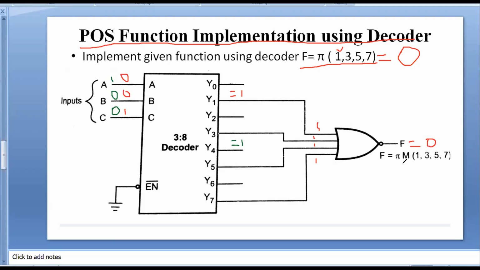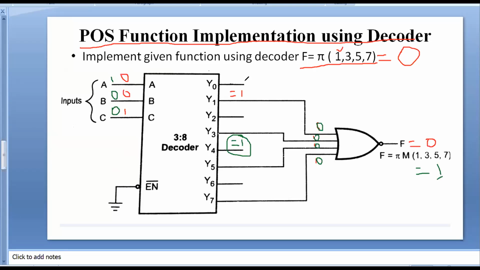In a decoder, at a time only one output is 1, and the remaining outputs automatically become 0. Here, since the y4 line is 1, the remaining lines y0, y1, y2, y3, y5, y6, y7 will be equal to 0. Therefore all the zeros are connected to the NOR gate. When the NOR gate gets 0s, the output will be equal to 1.